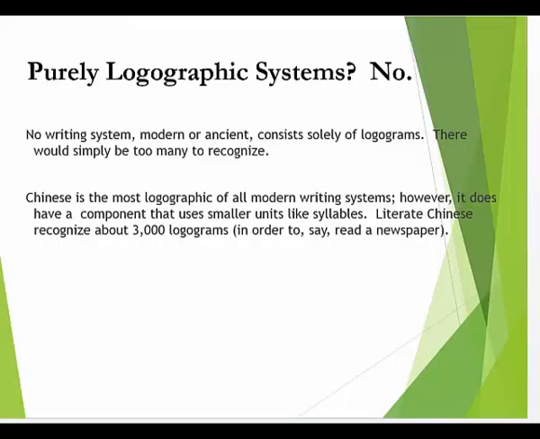And finally, there's logographic systems. Again, no writing system, modern or ancient, consists solely of logograms, or those signs that represent words. And of course, alphabets and syllabaries often incorporate logograms into their systems as well. Our numbers are essentially logograms and other signs like the @ sign because they stand for an entire word.